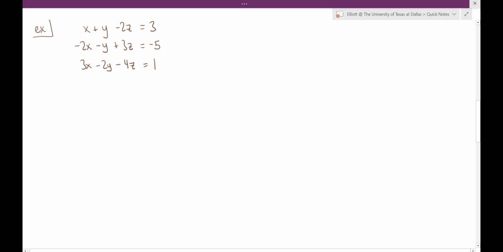So to solve this system of equations, we're going to convert it into an augmented matrix. So I'm going to write out the coefficients of x, y, and z. So this would be the coefficient matrix. I'm going to augment it by adding the right-hand side.